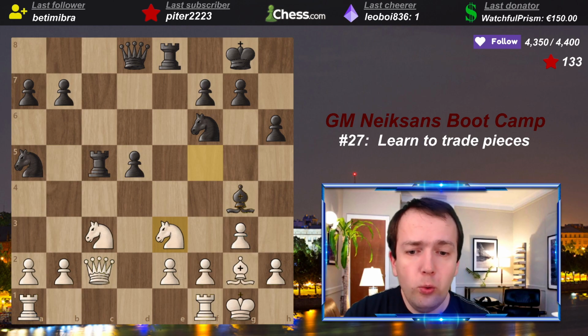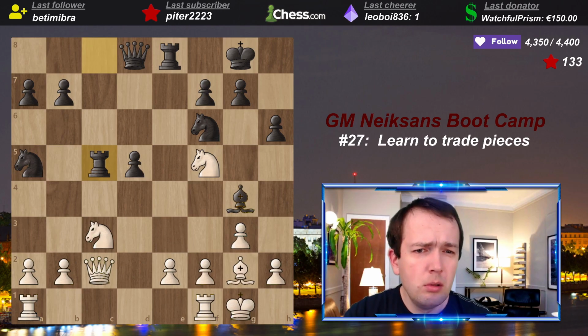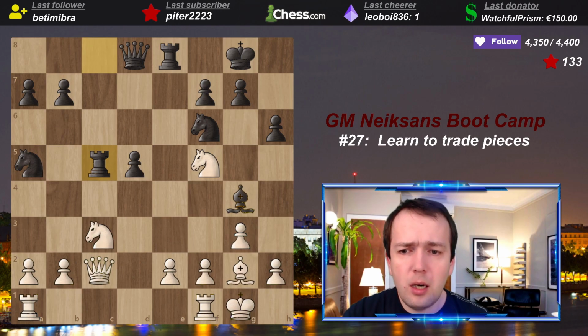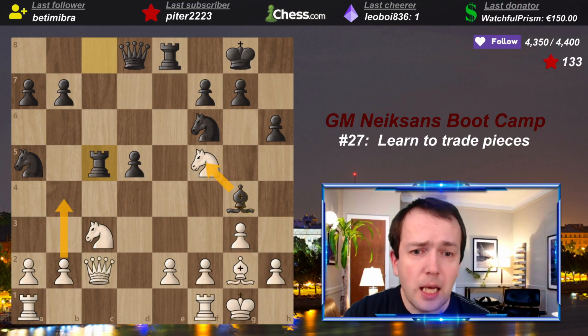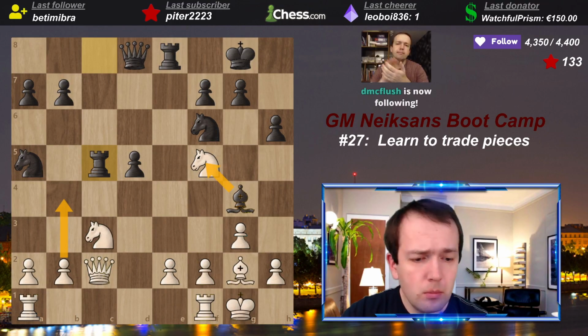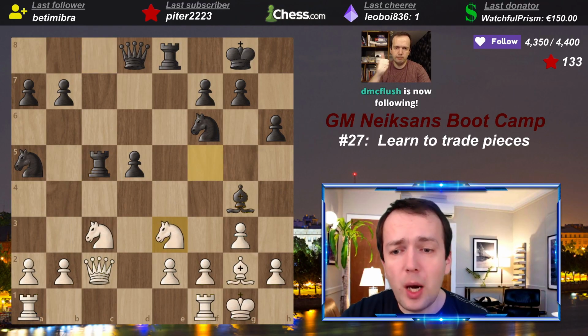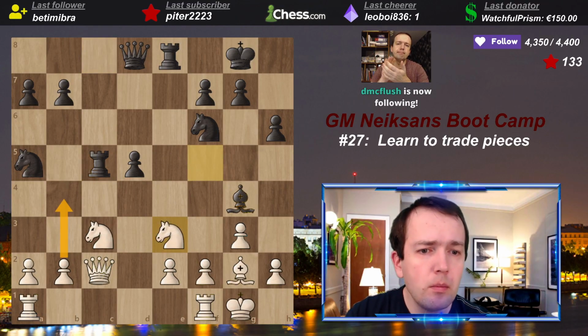Why not b4? There's going to be an intermezzo on bishop f5, and the knight is lost. Yeah. So here, by the way, white is threatening b4 as well.